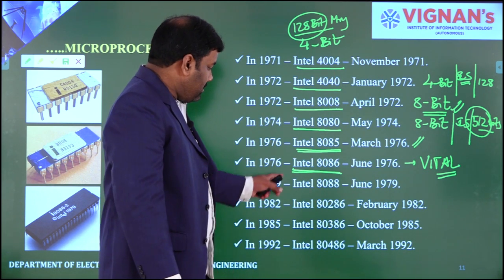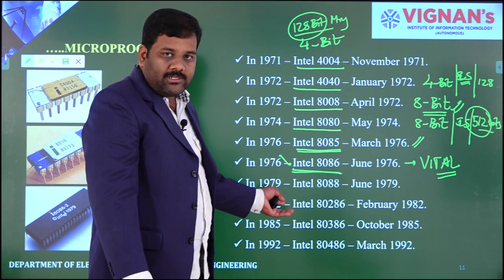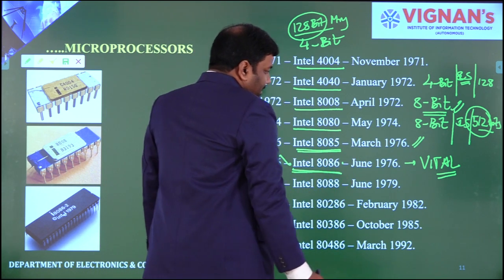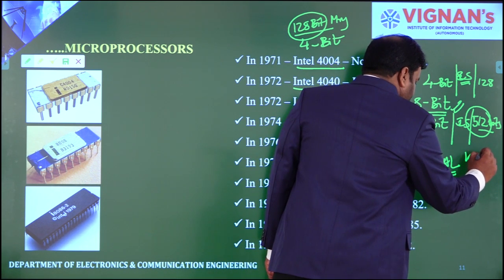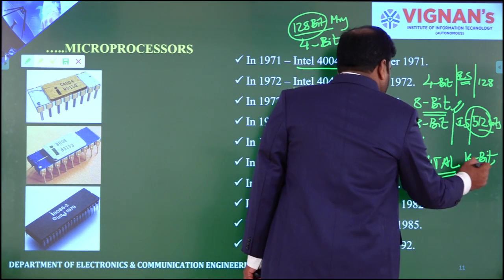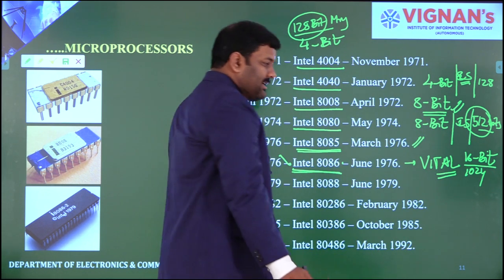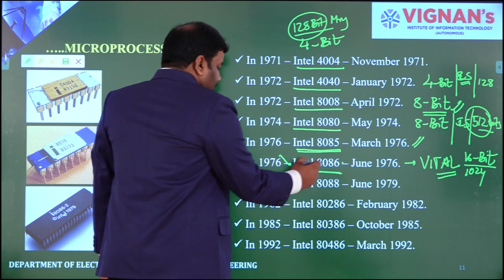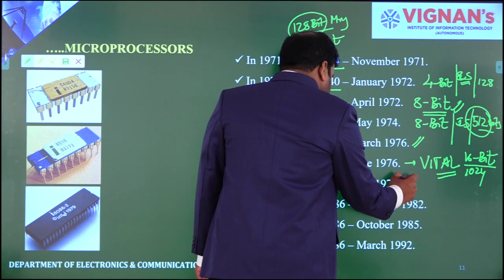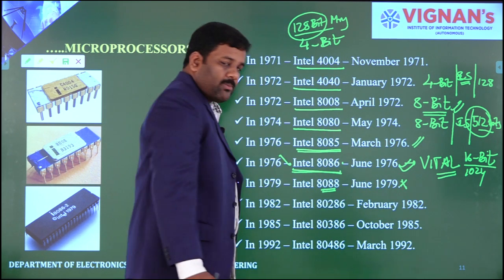You have already learned this in your microprocessors and microcontrollers course. The 8086 has 16-bit capability, and the memory also increased to 1024 bytes. They tried the 8088, but compared with the 8086, its performance was not up to the mark.